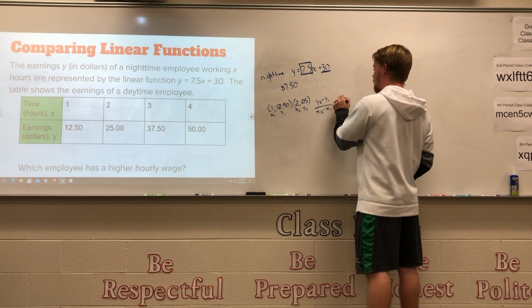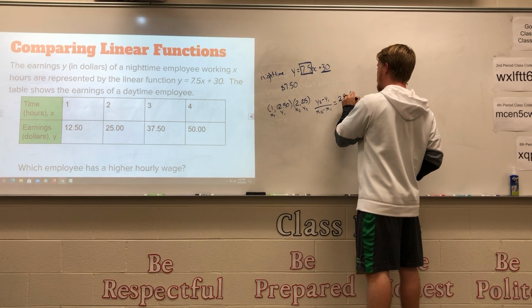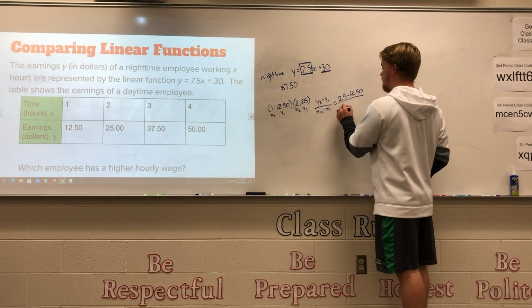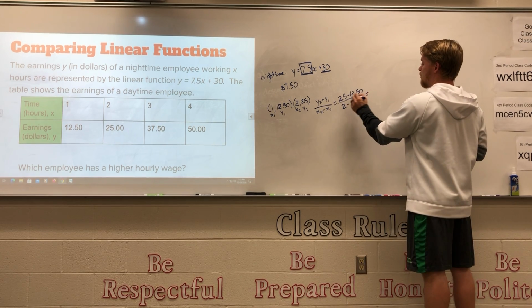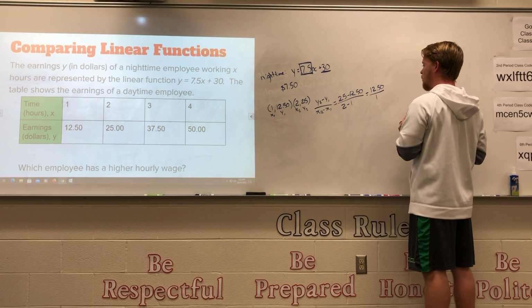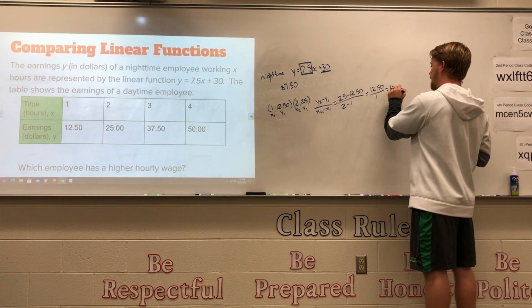Alright, so this will be 25 minus 12.50 over 2 minus 1. Okay, so 25 minus 12.50 is 12.50. 2 minus 1 is 1. So obviously 12.50 over 1 is just 12.50.